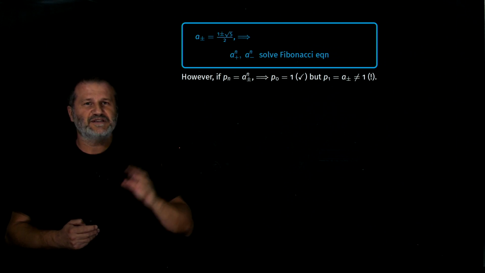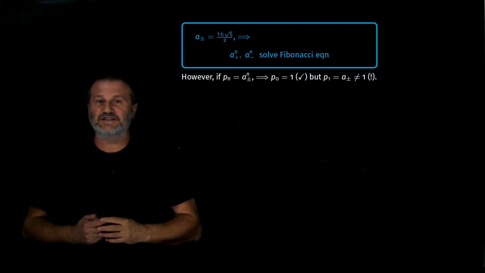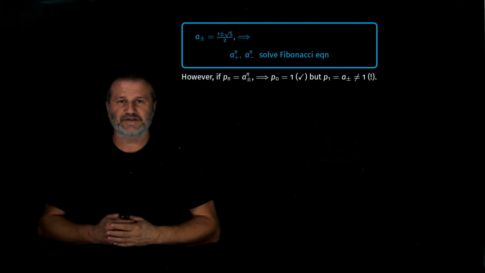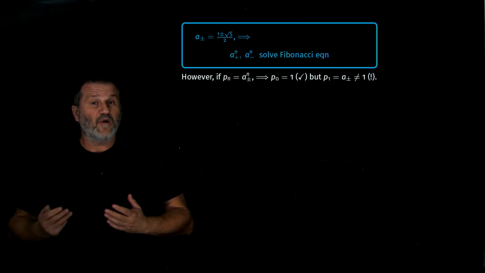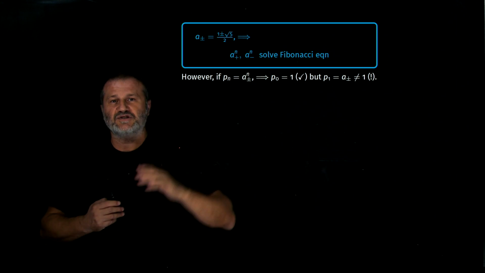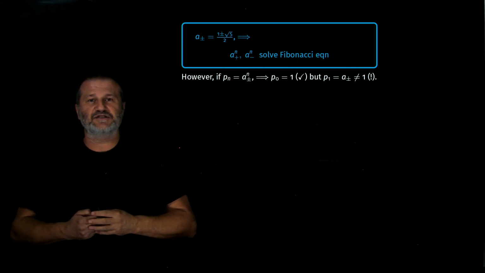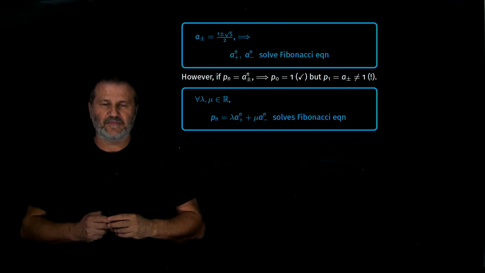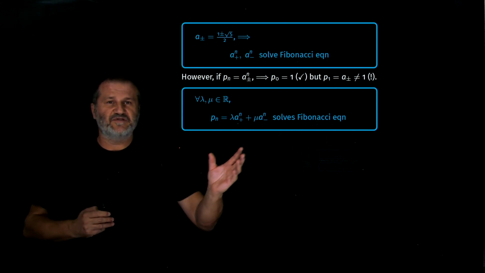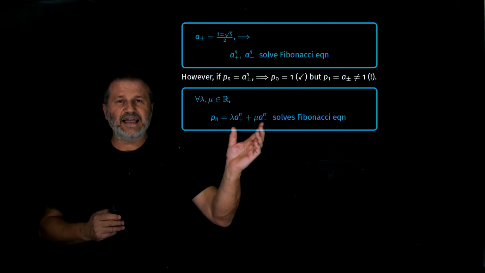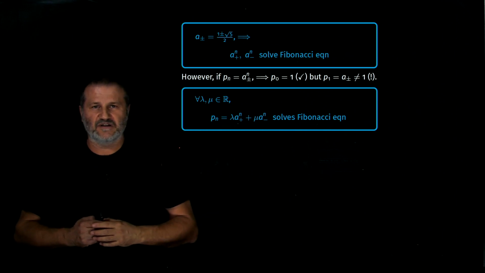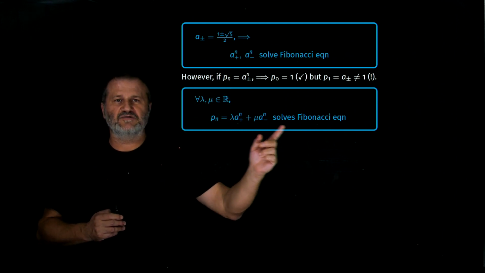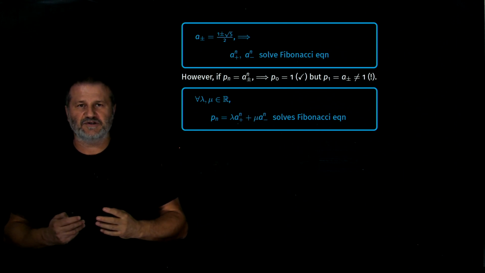So in other words, they seem to be very far from the sequence of Fibonacci numbers, which is a sequence of natural numbers. So we may wonder if there is a way to use these solutions to obtain the Fibonacci sequence. And that's possible thanks to the following remark. It is possible to prove that if we take a linear combination of these two particular solutions, we have a solution of the Fibonacci equation.